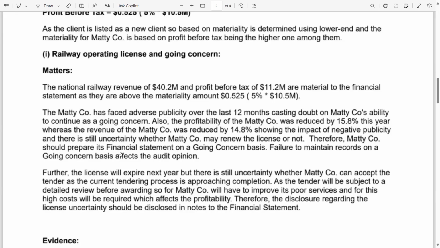This is how you should link your answer if you want to achieve full marks. Now, therefore, Matty company should prepare its financial statement on a going concern basis. Failure to maintain records on a going concern basis affects the audit opinion.